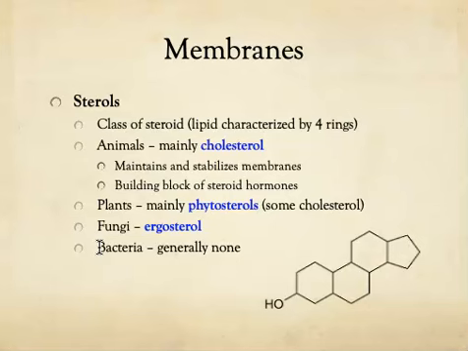Bacteria don't put sterol into their membranes. They put a molecule that looks a lot like a sterol in, but you should know that the domain of bacteria, generally speaking, don't have sterol in their membranes. Another interesting difference between the domains.